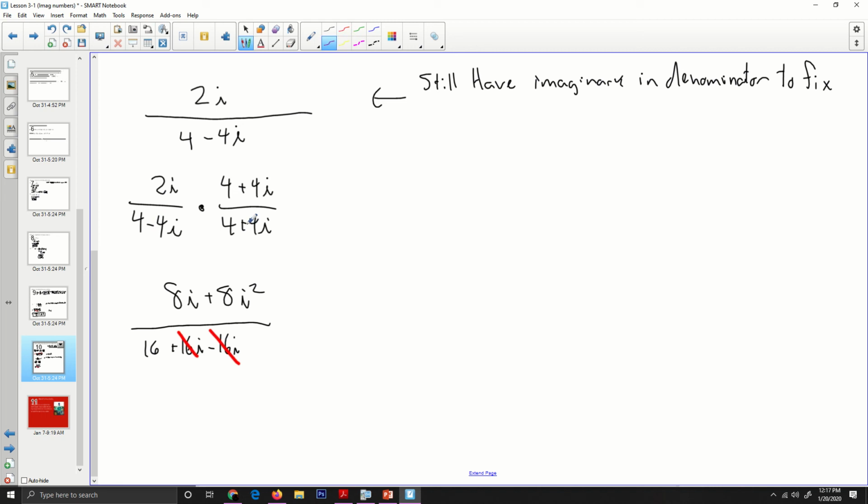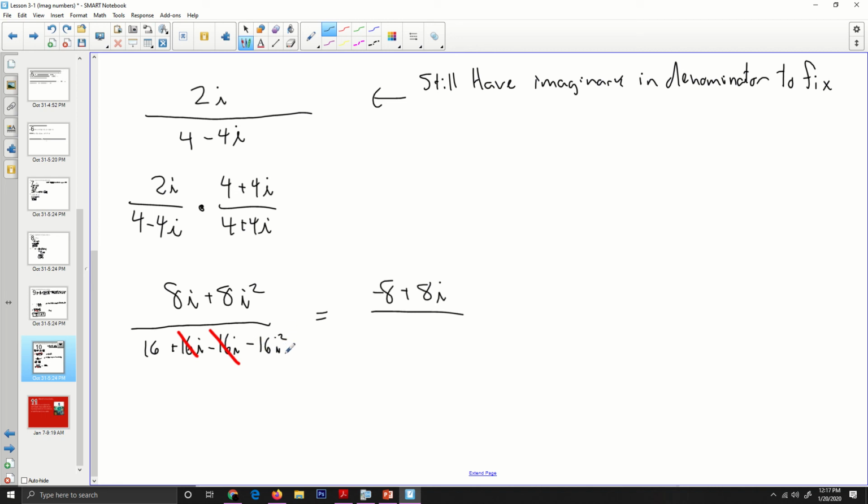And then negative times a positive is a negative. 4i times 4i is 16i squared. The i squared here is negative 1, so I have negative 8 plus 8i all over 16 minus 16i squared.